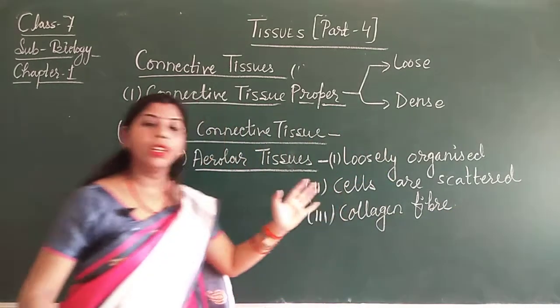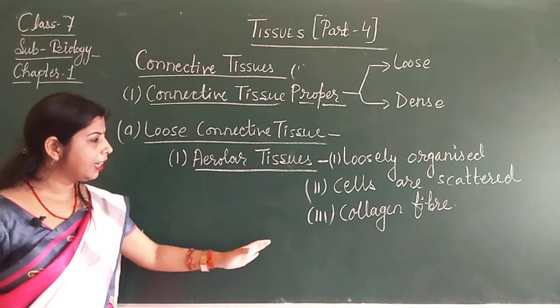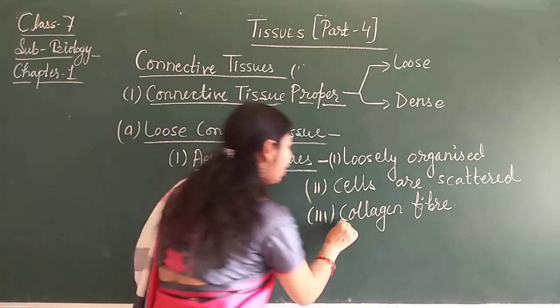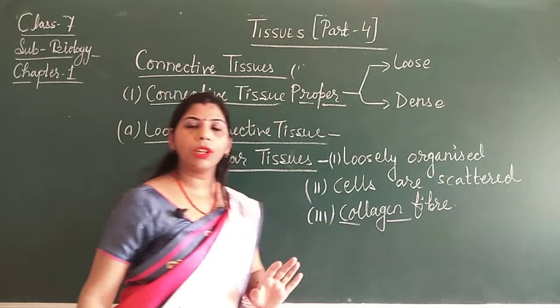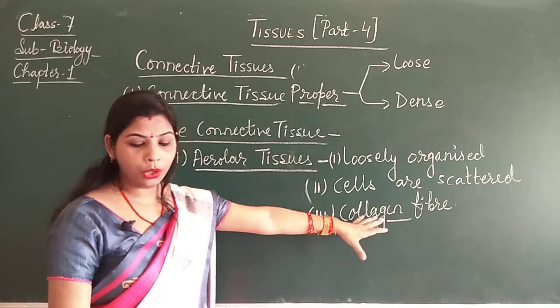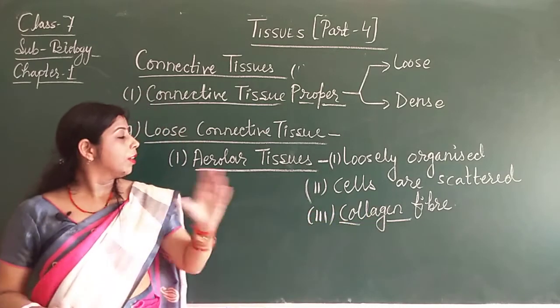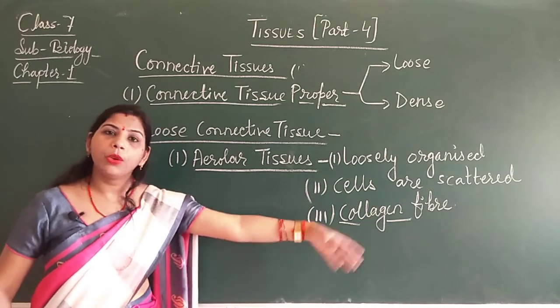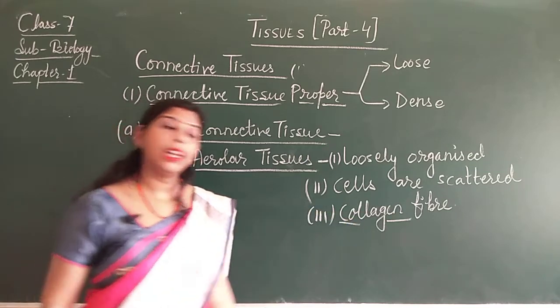In this tissue the collagen fibers are present, and collagen is a naturally occurring protein, that means the protein which occurs in nature. With the collagen fiber, they also have the elastic fiber.